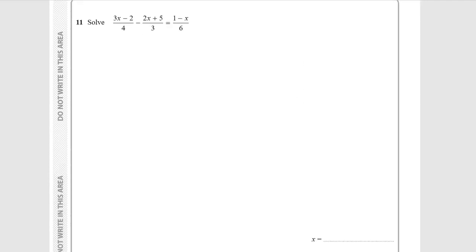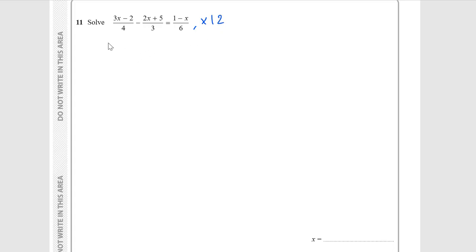Question 11. Solve this. So basically what that means is find x which works for this equation. So the first thing that we can do is that we have fractions and we want to get the LCM. So a multiple that fits in 4, 3, and 6 as its factor is 12, so times by 12.